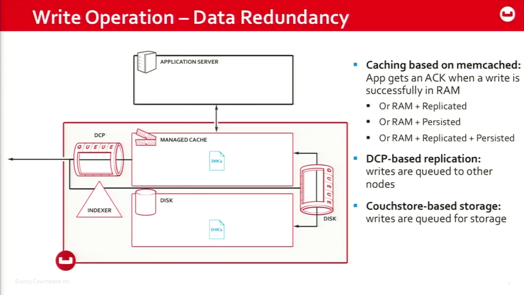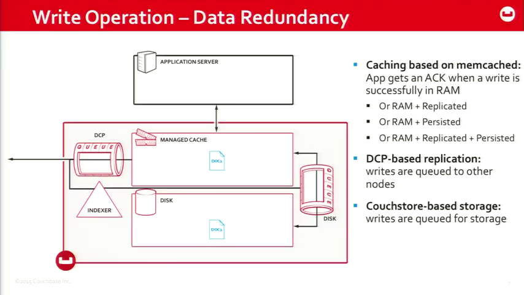Even in the case where the document is in the memcached managed cache and the server goes down, DCP has a new ability: it does sequencing, or ordering. For every write operation to the server, the DCP knows exactly the sequence number for that particular mutation.